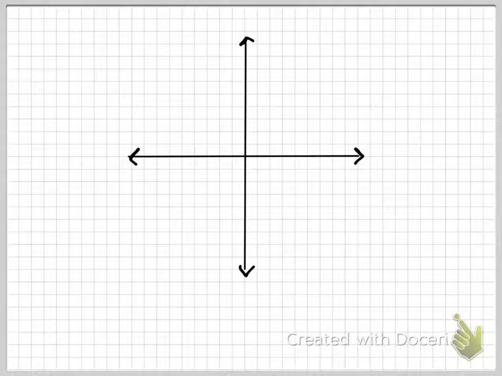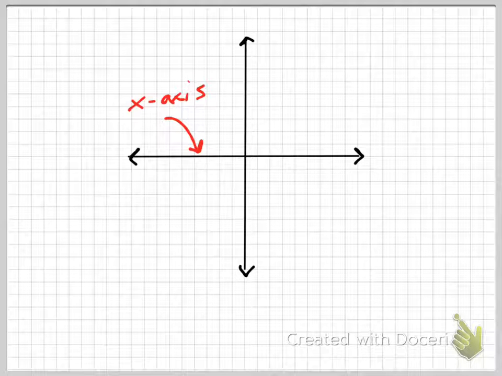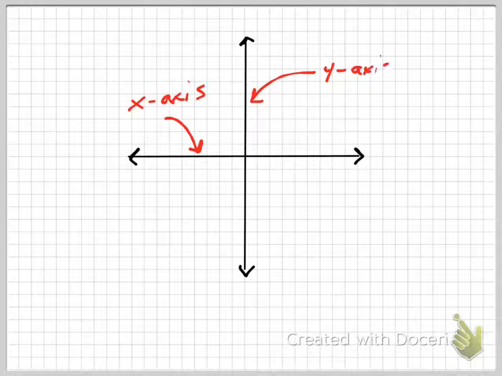So here's the deal. This line, that number line, is called the x-axis. That's what you've been dealing with your whole life, the x-axis. This one right here is called the y-axis.